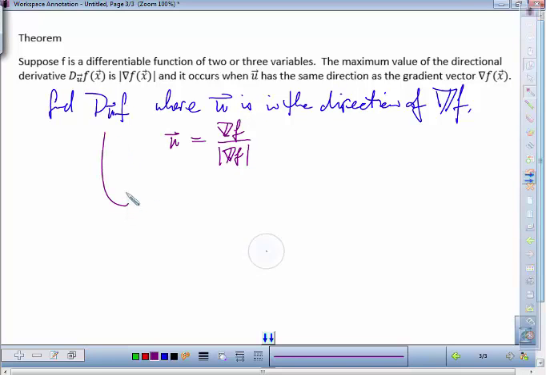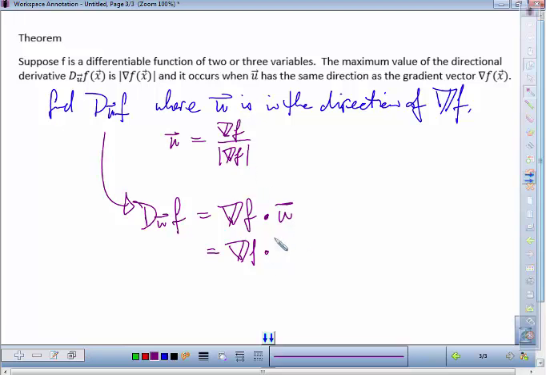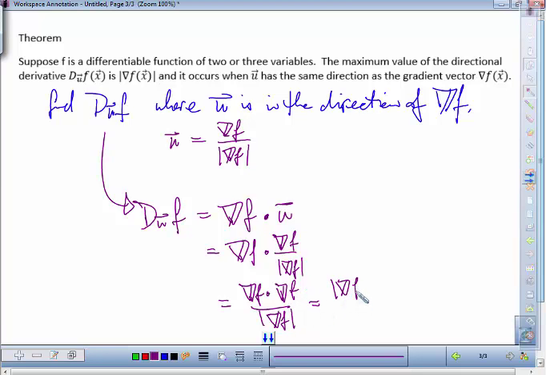So according to the formula, the directional derivative D_u of f is equal to the gradient of f dotted with u, but what's u equal to? U is equal to the gradient of f divided by the magnitude of the gradient of f. And so this is equal to the gradient of f dotted with the gradient of f divided by the magnitude of the gradient of f, which is equal to the magnitude of the gradient of f squared divided by the magnitude of the gradient of f.